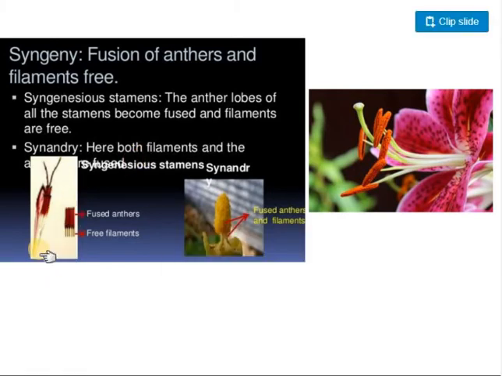As I told you, when the filaments are free and the anthers are fused, that condition is called syngenesious stamens. There are also cases where both the filaments of the stamen and the anthers are fused.